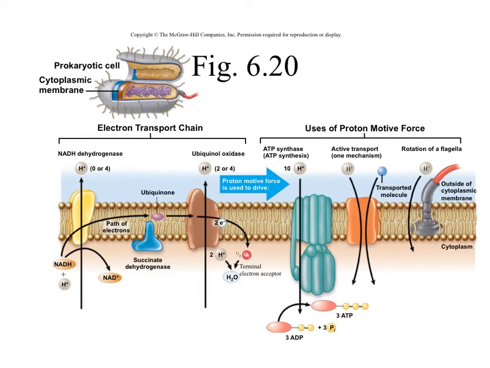We then transfer those electrons to ubiquinone, and as we do that, we move protons from inside the cytoplasm to outside of our cell. We're just going to move them across. Ubiquinone will take them to a second carrier, which will then transfer those electrons to oxygen to make water, and we will pump protons a second time.